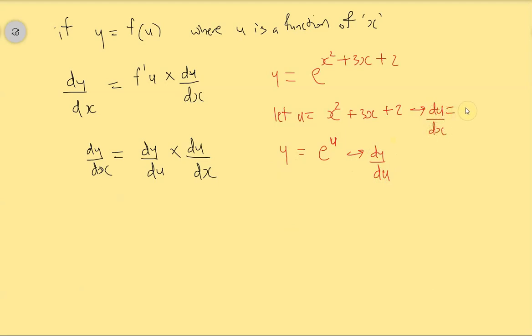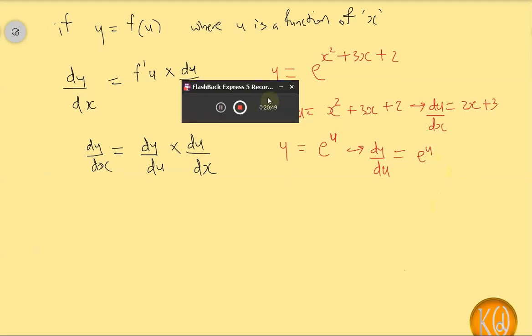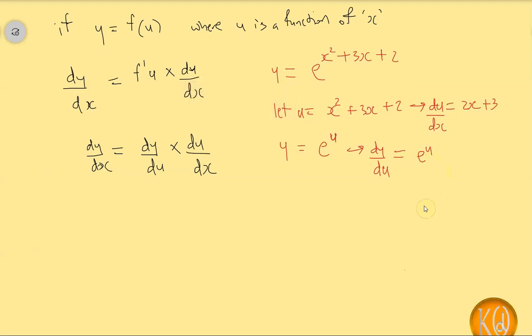Now du dx is simply equal to 2x plus 3. Good. And dy du is equal to e to the u. Okay, so now let us write the answer.